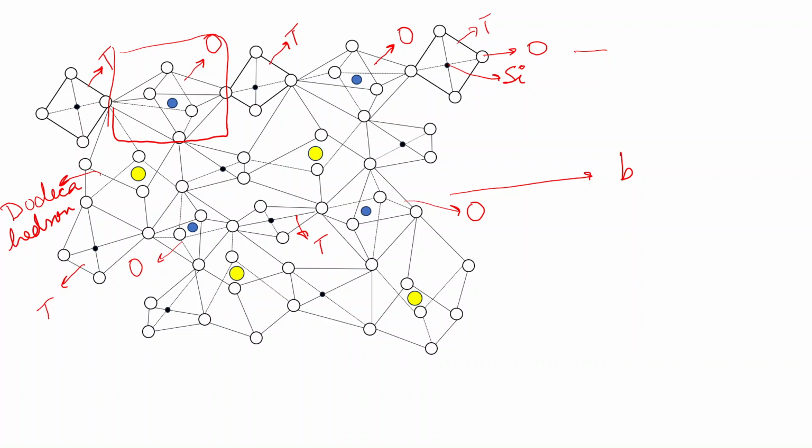So you have one dodecahedron here. This is a tetrahedron. Then this one is again a dodecahedron, and this is a tetrahedron. This is how this entire arrangement keeps on sharing the corners to make a framework structure in a 3D network.